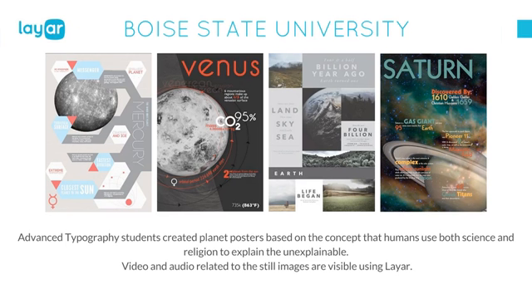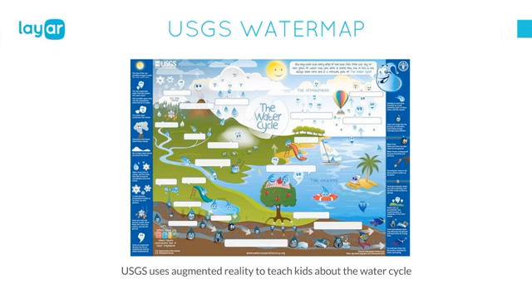Again, you're more than welcome to scan these as soon as you get the slides. But again, it shows the various possibilities of using augmented reality in the educational sector. And posters are a really interesting use case, as you'll see in a bit. We're going to be talking about this in a second.